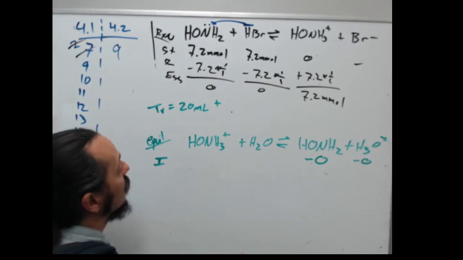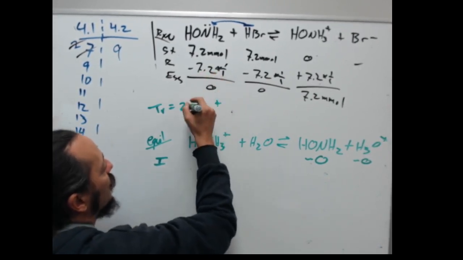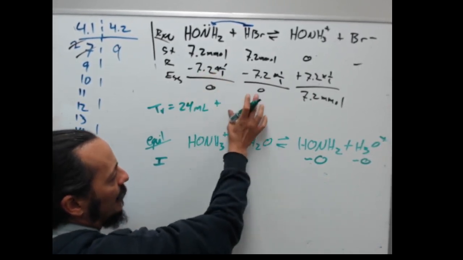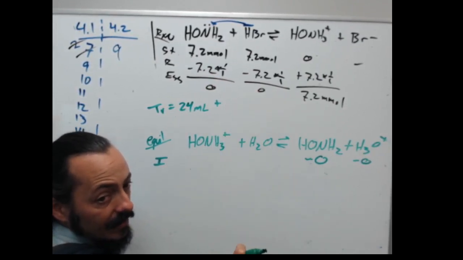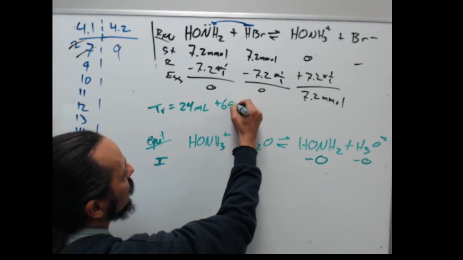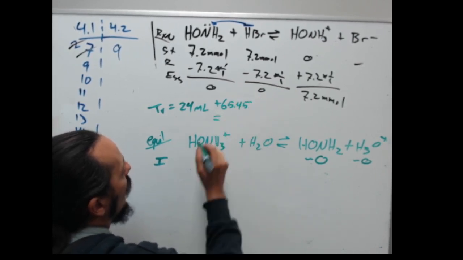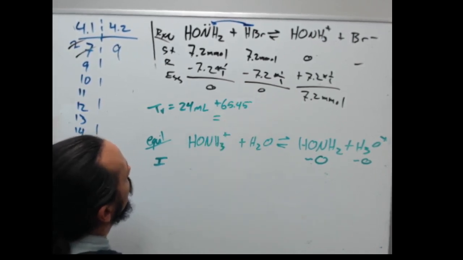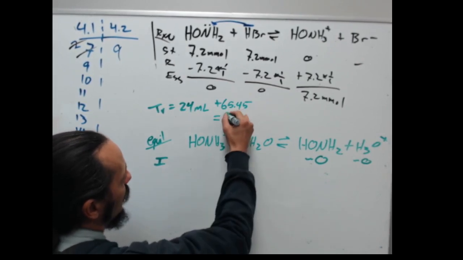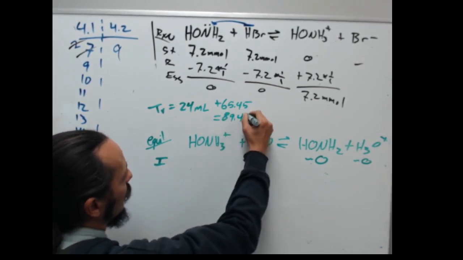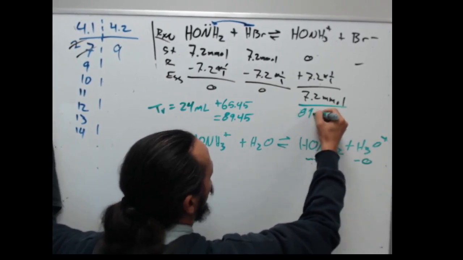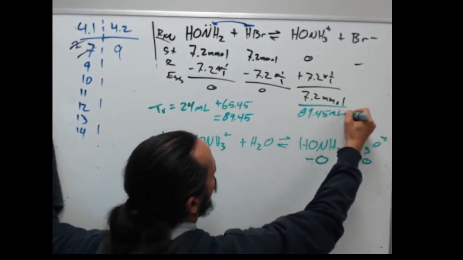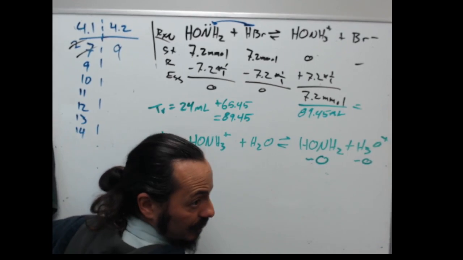My initial was 24 if you're using my numbers. Let's use your numbers, 24. And we added how much in the first part of the problem? 65.45. That's going to be 89.45. So I'm going to need this 7.2 millimoles divided by 89.45 milliliters to get to my concentration.